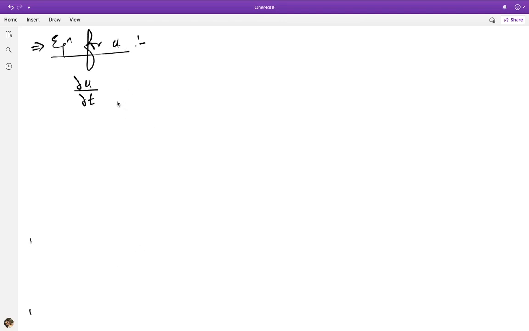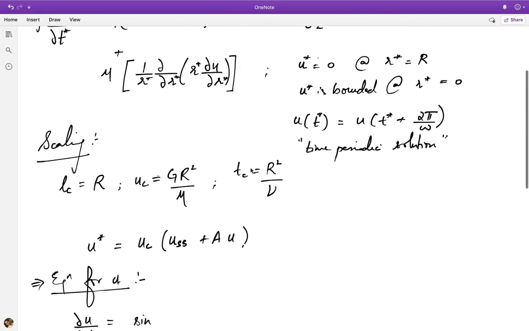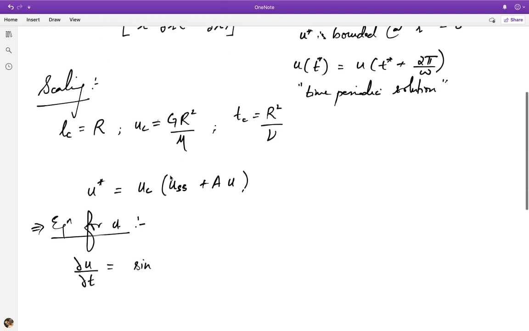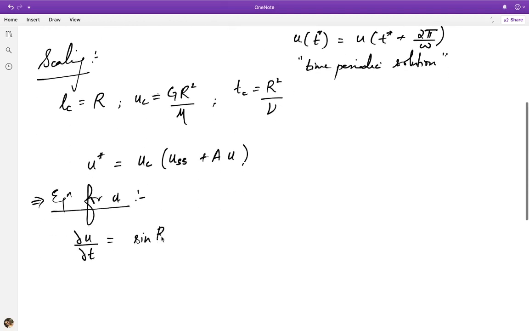Okay, so this is the equation for the oscillatory part of the solution, the non-dimensional oscillatory part, which goes as du dt equals, remember I said it's just driven by sine, now omega t, the non-dimensional t into tc. So I'll get a ratio of time scales here, which should go as omega r square over nu, because the characteristic time scale is tc, and I'll call that group Rw.